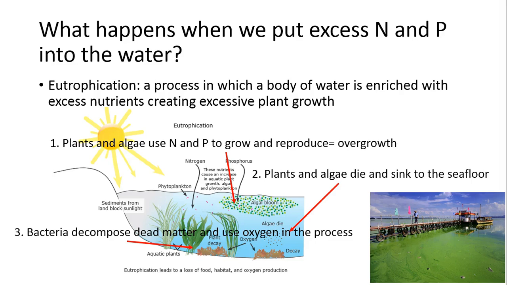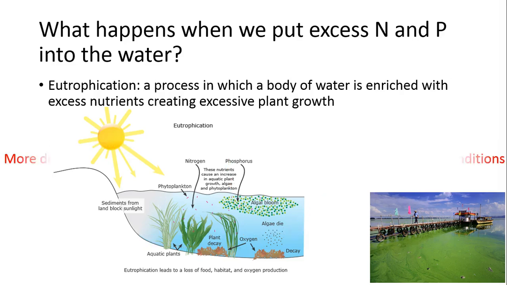When these bacteria are decomposing that dead matter, the dead algae or the dead plants, and breaking them down into smaller molecules, they also use oxygen up in the process. And so when you end up with excessive amounts of nutrients in the water, that eventually leads to low oxygen in the water.